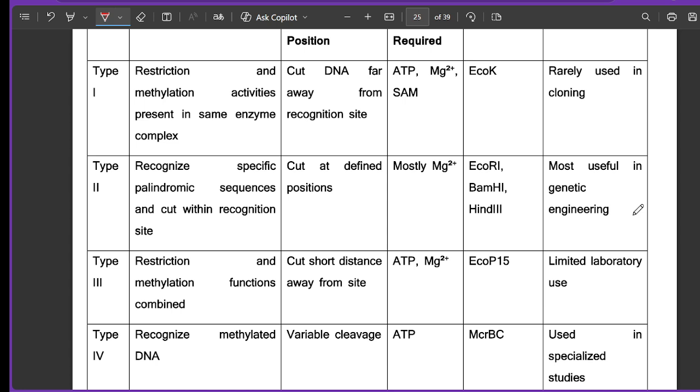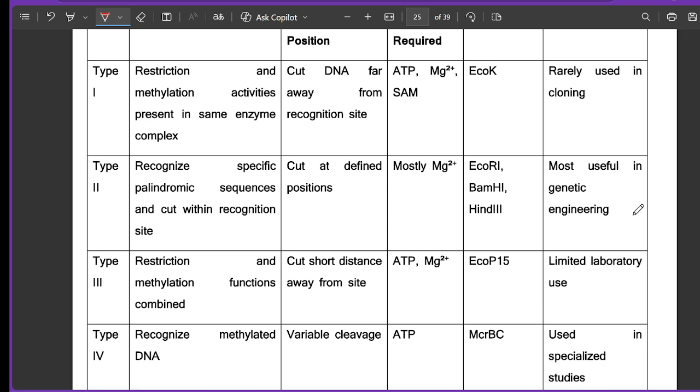Apart from just cutting at the recognition sites, the restriction enzymes can also do the methylation activity. And out of the 5 restriction enzymes which we are studying, there are many of them which follow both the things simultaneously. For example, type 1 restriction enzyme will have the methylation activity also, and will have the restriction activity also within the same enzyme.